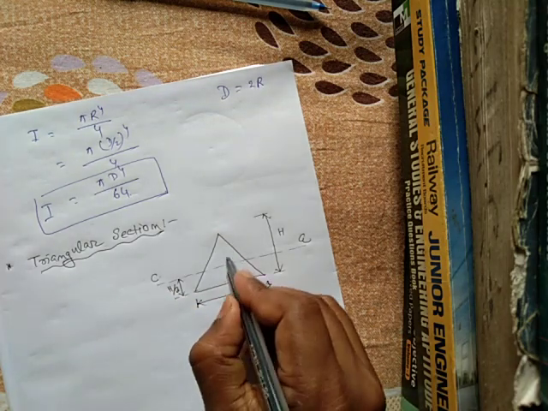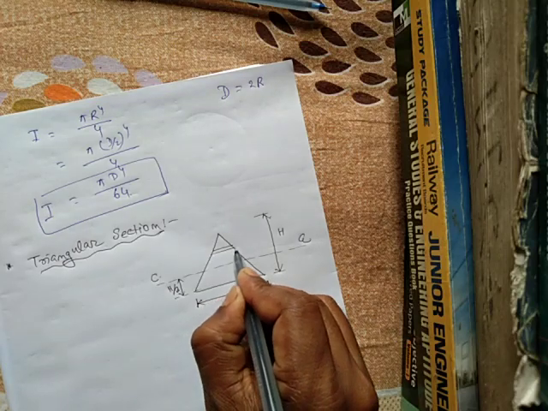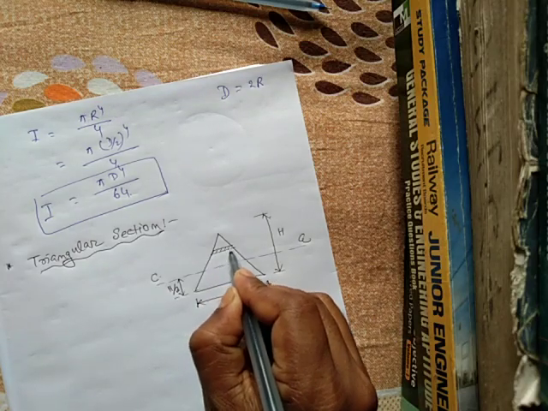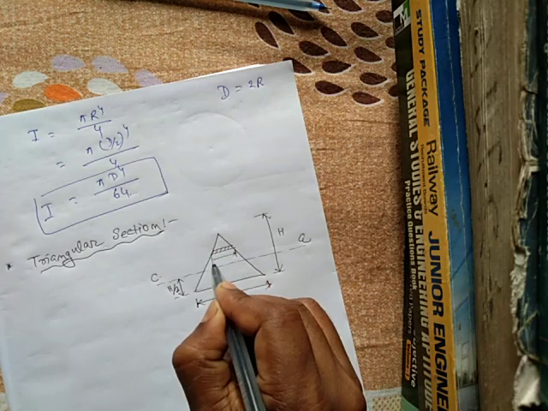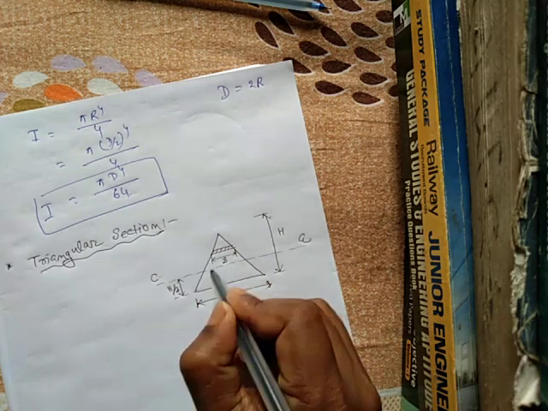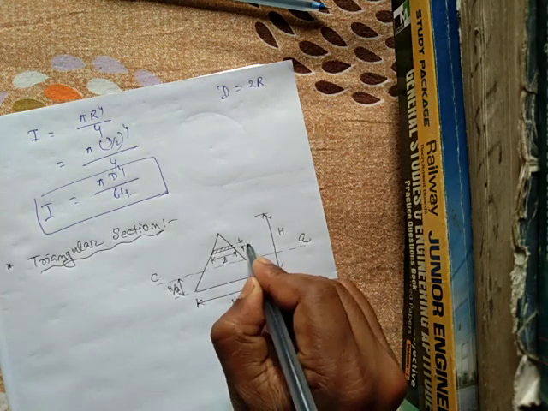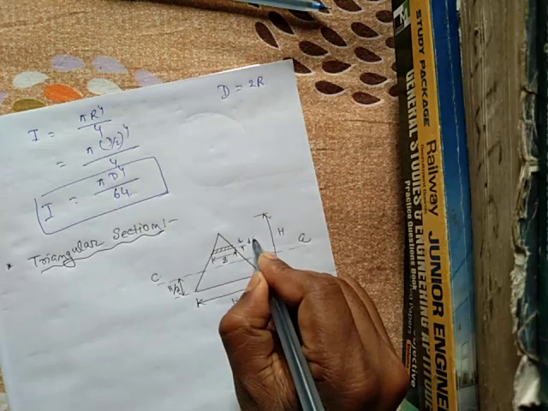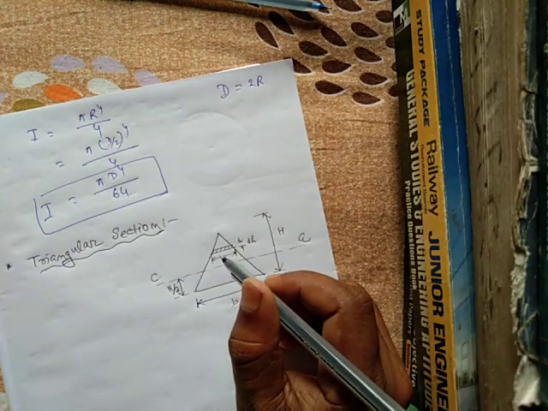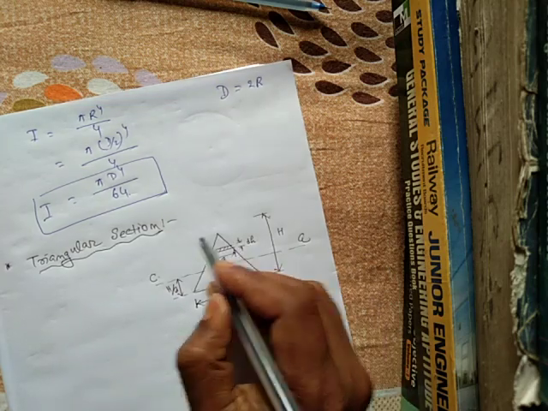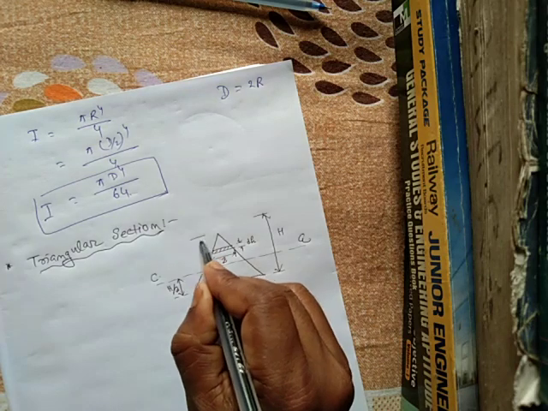Let us consider a small elementary strip of breadth z and height dh, at a height h from the top.